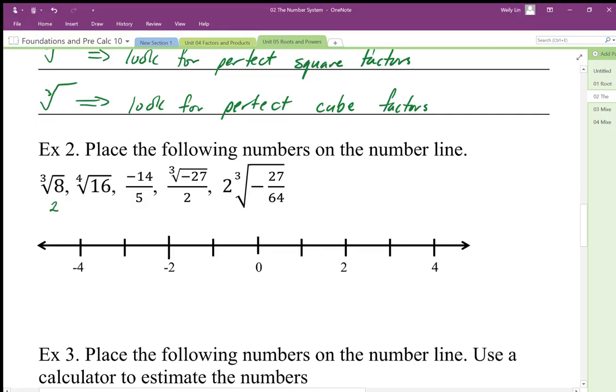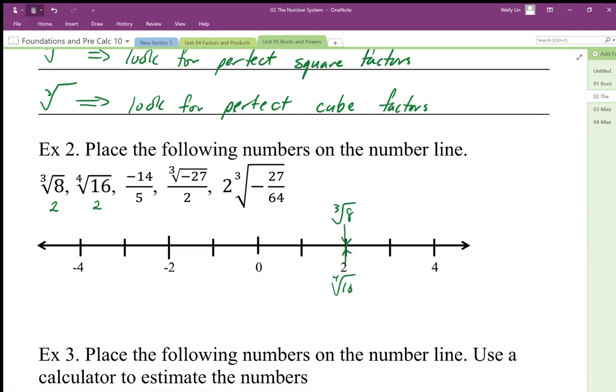The fourth root of 16 is a perfect power of 4, so when we take the fourth root, they undo each other, so we get 2. So the cube root of 8 and the fourth root of 16 are in the exact same spot. They're both equal to 2.